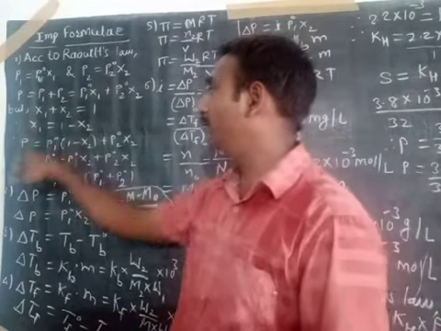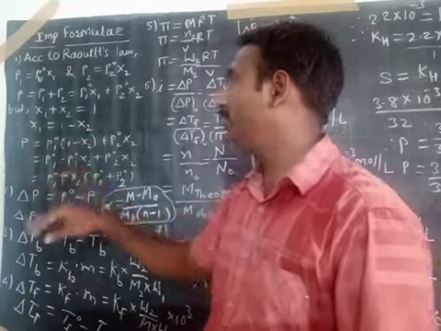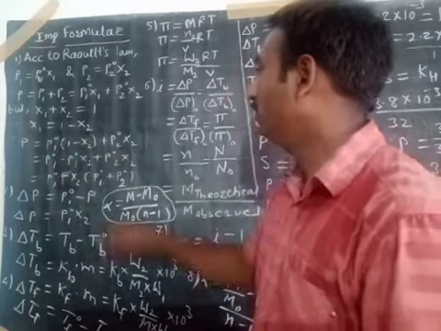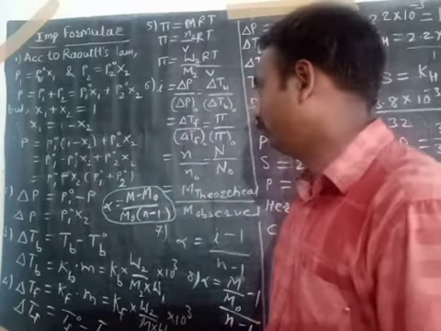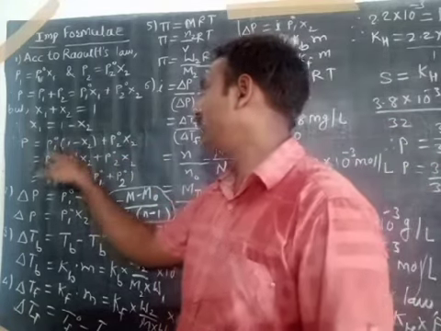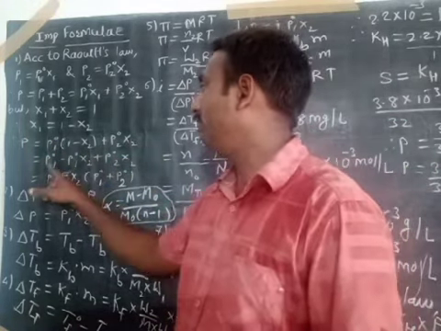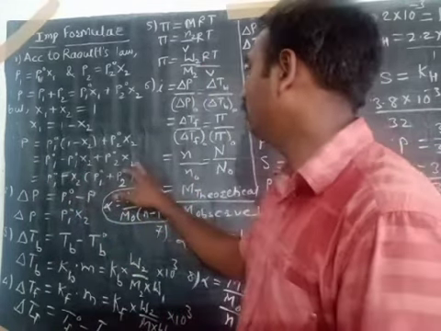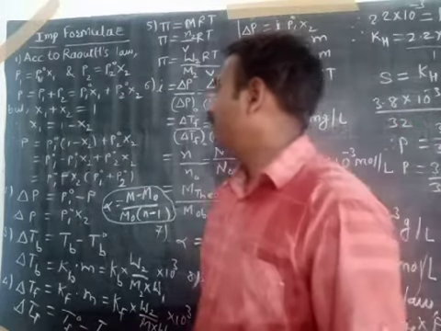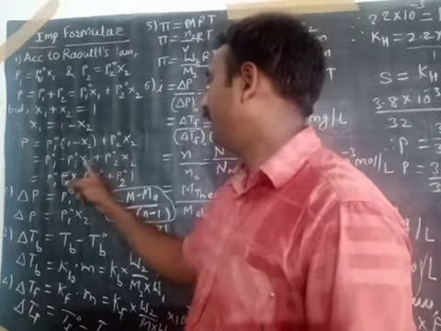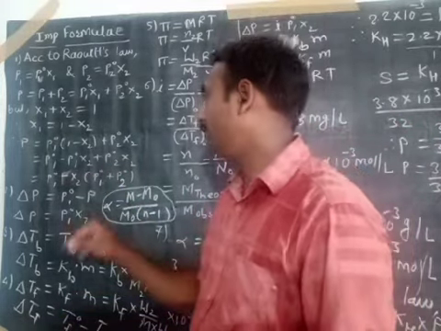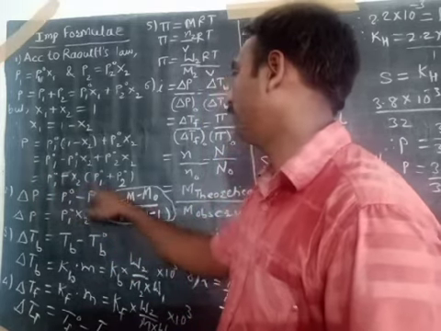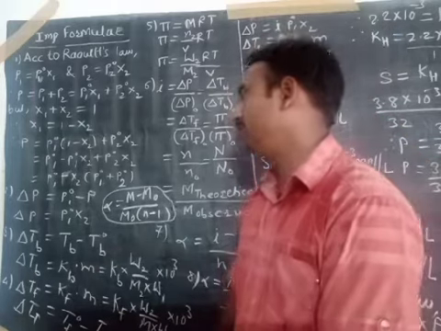That's why this formula can be written as P is equal to P01, as it is, for x1 we write 1 minus x2, plus P02 x2. By multiplying P01 into the bracket term, it becomes P01 minus P01 x2 plus P02 x2. By keeping x2 as a common term, this formula becomes P is equal to P01 plus x2 in bracket P02 minus P01.